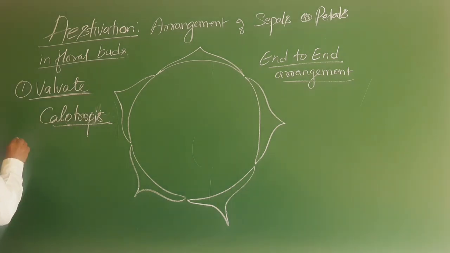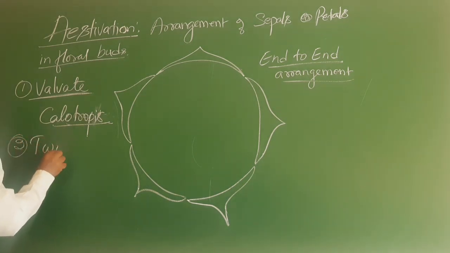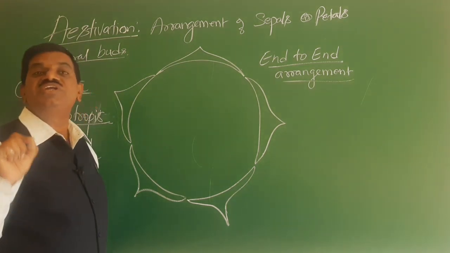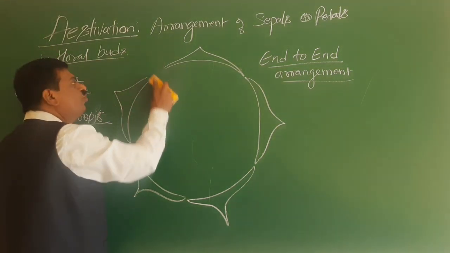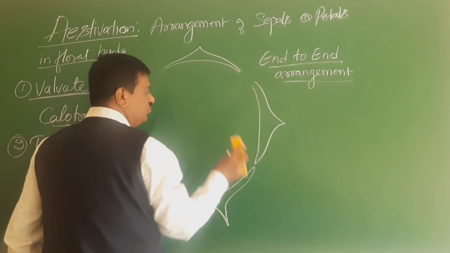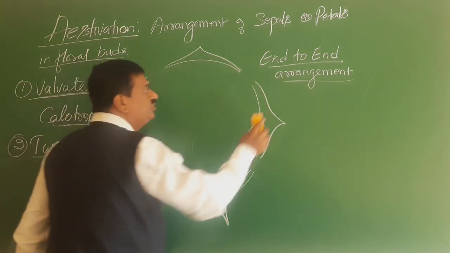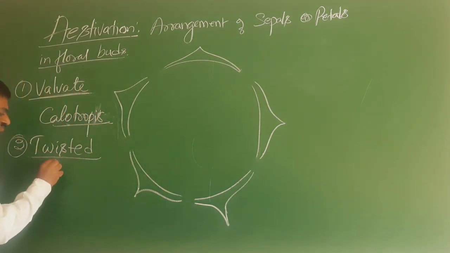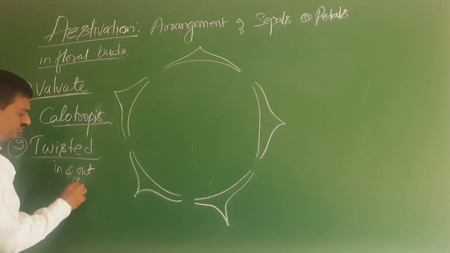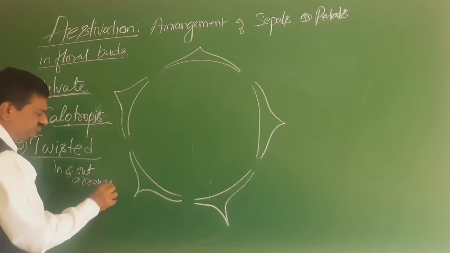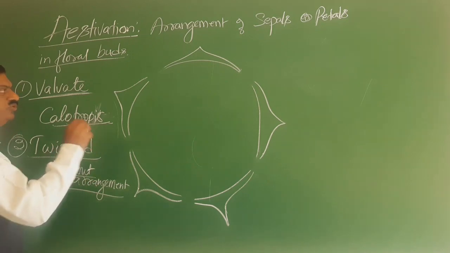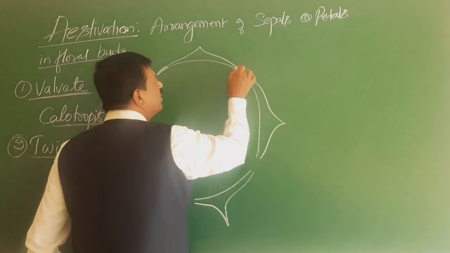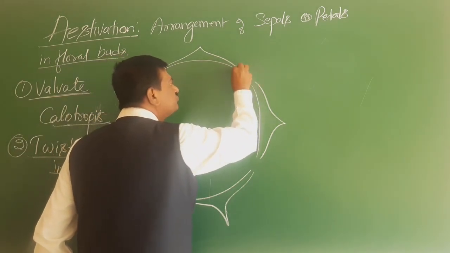So we go for the second one called twisted estivation. In a twisted estivation, you can see here one petal is in and one petal is out. So we call it in and out arrangement. I am going to give the diagrammatic representation. So this is called in and this petal is out.